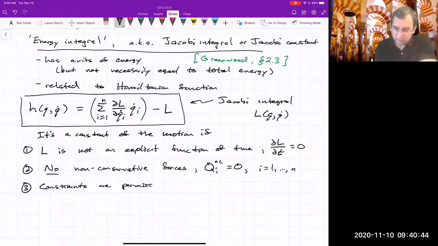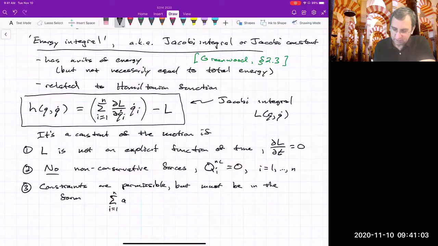So you can actually have constraints, but they must be in the form sum over i goes from 1 to n of a_ji, and we allow the a_ji to be functions of the q's, but not time, times q_i dot equals 0.